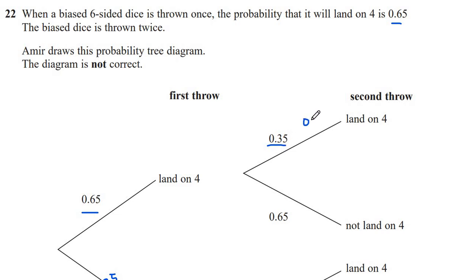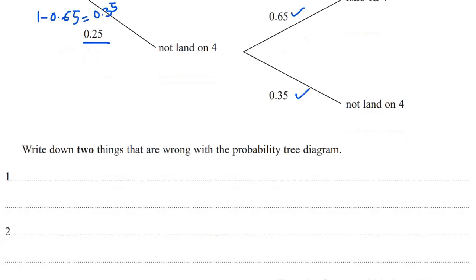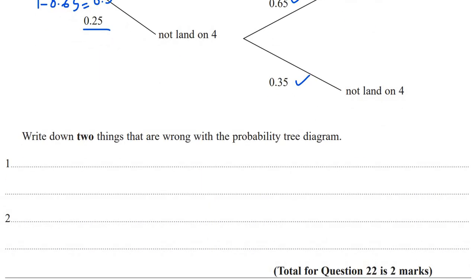This should be 0.65 and this should be 0.35. So this is another mistake. Let's come down. Yeah, these are fine. Right, so we've found the two mistakes. We just need to write them down nicely.